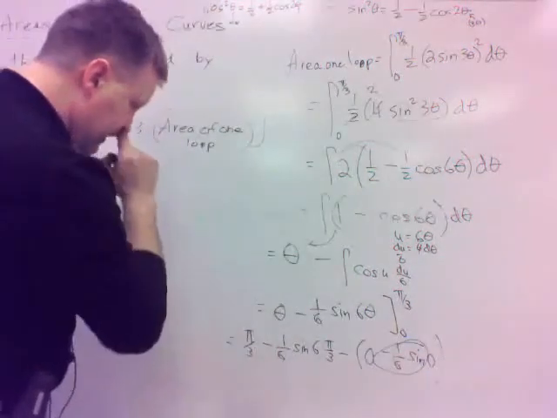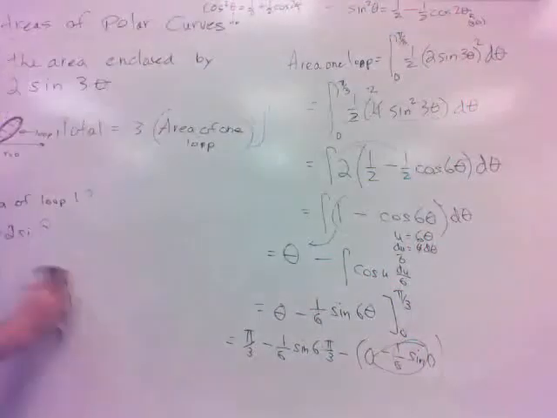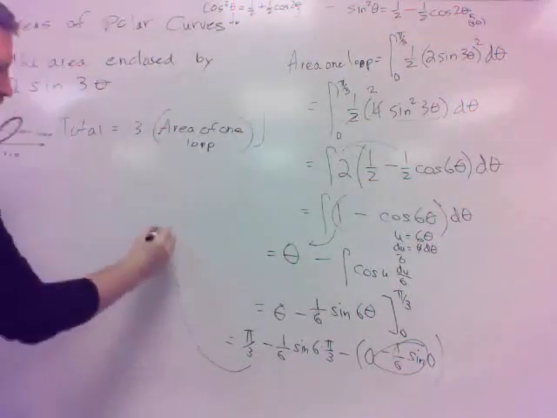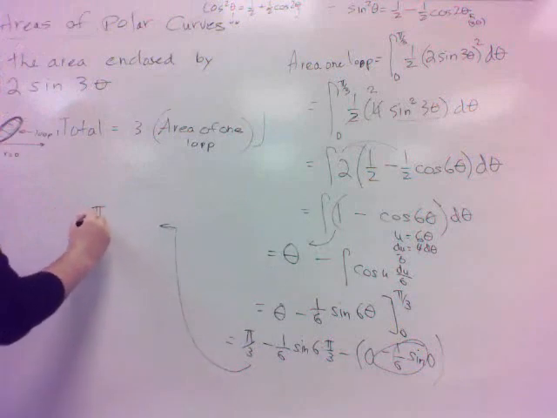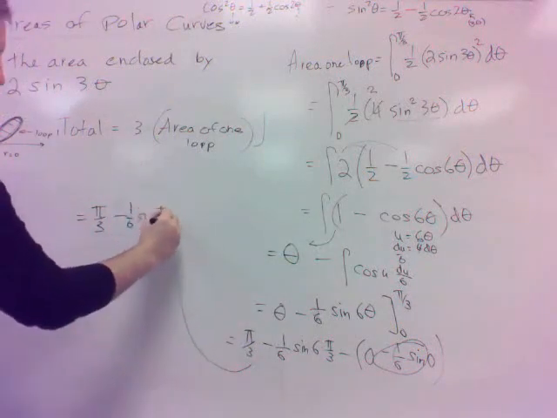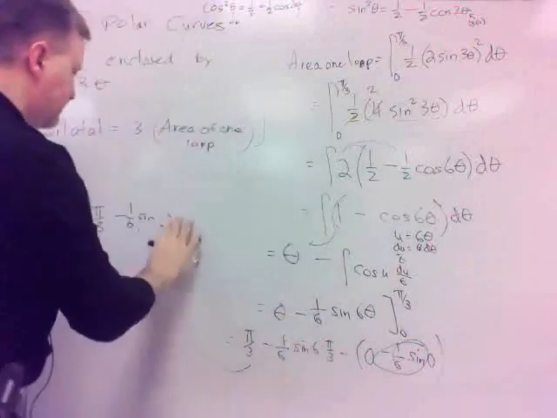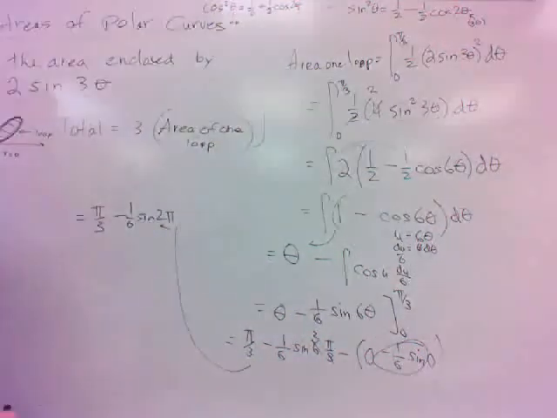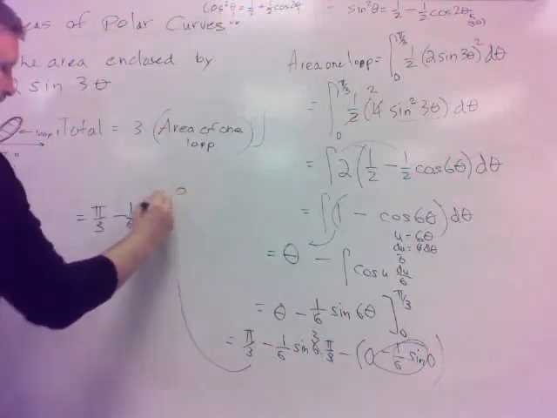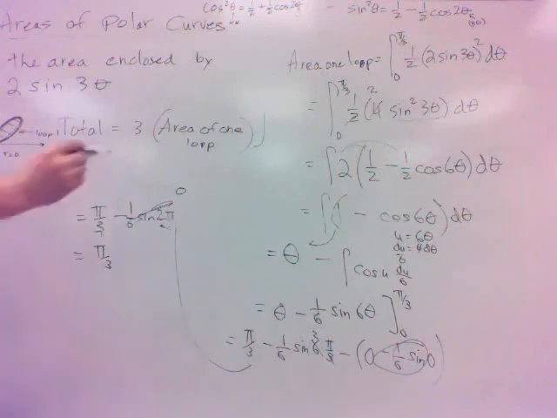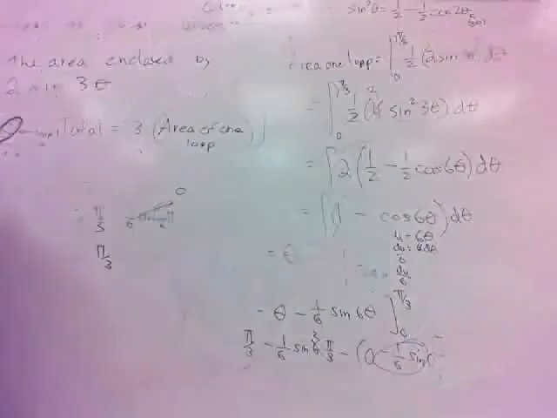So it just works out to be pi over 3 minus 1/6 sine of 2 pi. Sorry, what's the sine of 2 pi? It's about the sine of 0, isn't it? It's just pi over 3. But what is that? That's one loop.